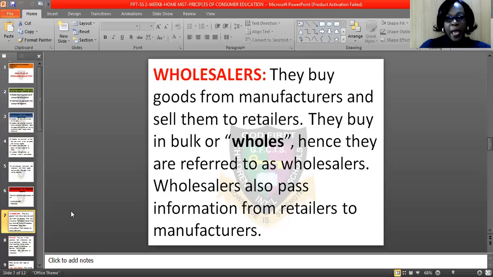Now, A has produced these biscuits, and B is the wholesaler that went to A to get the biscuits in cartons. Are you getting? Now, having gotten the goods in cartons, B will now sell to C.